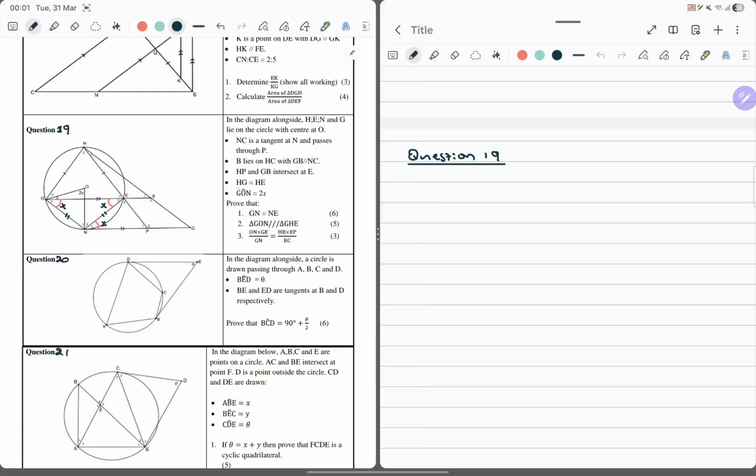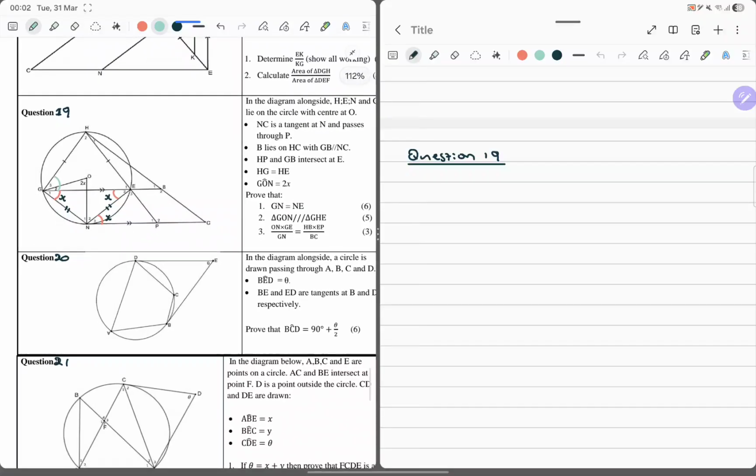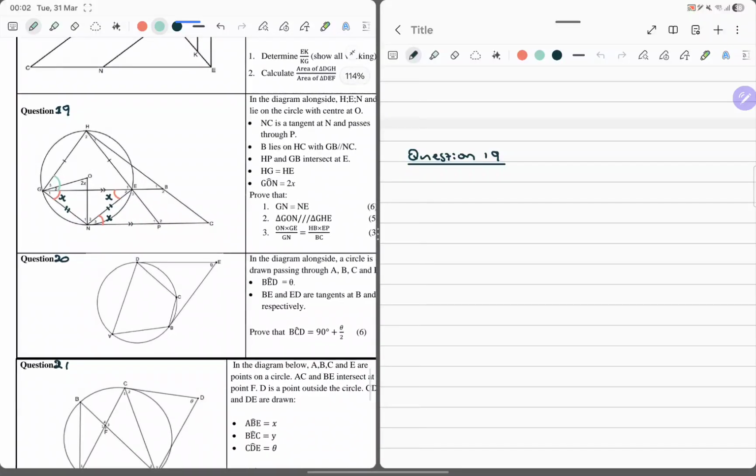Now what else? We're told that HG is equal to HE. So if that's the case, it already confirms that the sum of these two angles, G3 and G2, maybe let's just make this bigger.